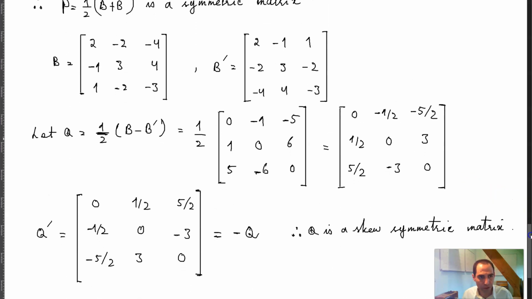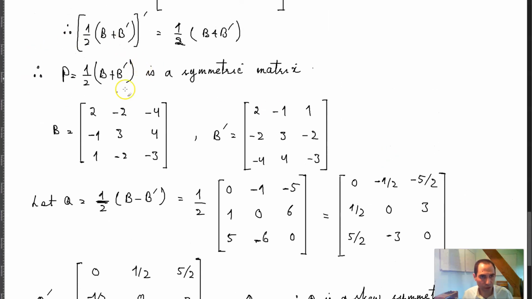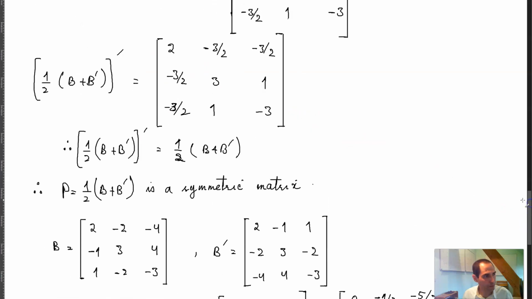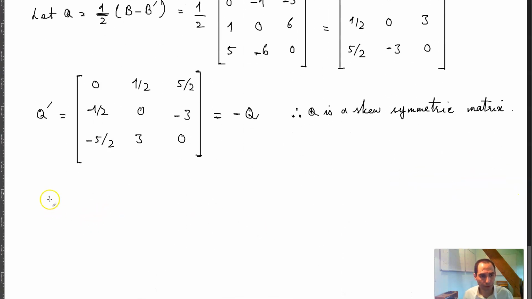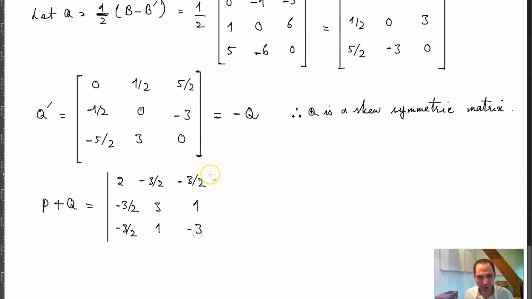So P is basically this matrix over here. So if I now write P plus Q, P we found it to be 2, negative 3 halves, negative 3 halves, negative 3 halves, 3 and 1, and negative 3 halves, and 1 and negative 3.